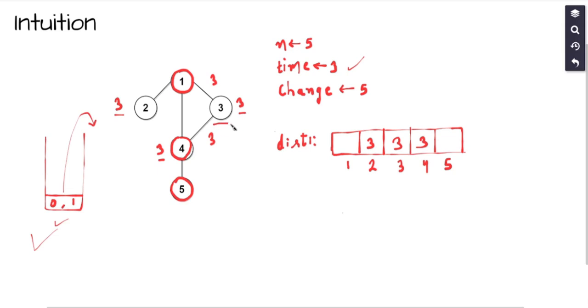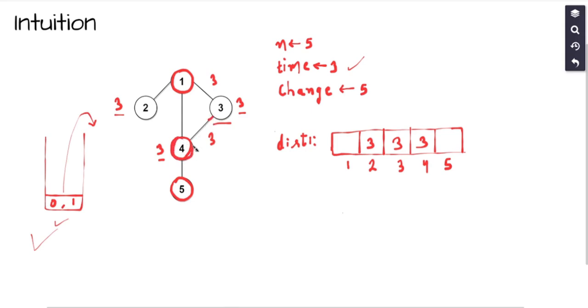Let's say node number 3 is at the top of the priority queue, so I pop node number 3. When I pop node number 3, that means I have already calculated the shortest distance till node number 3. Now I will perform the relaxations over the adjacent nodes of node number 3. The adjacent node of node number 3 is node number 4.